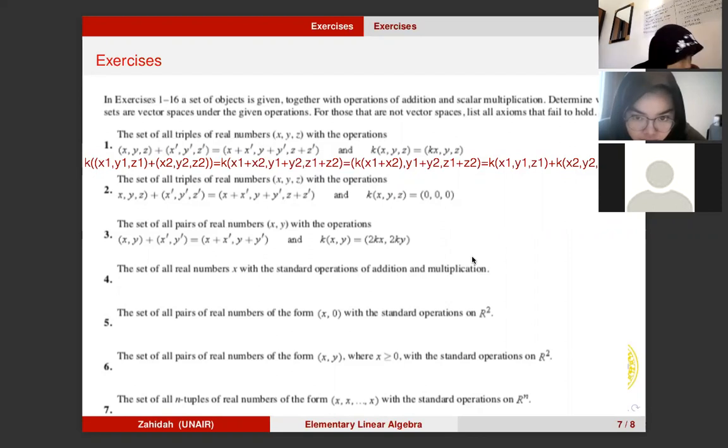Try to solve it. We can continue on WhatsApp or our forum. Is there any question? Because our topic today is only vector spaces.